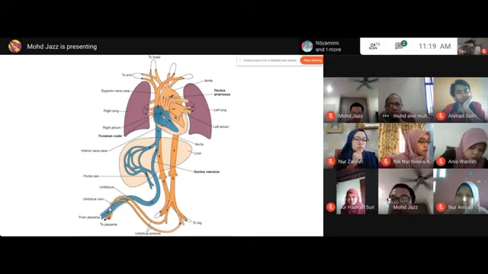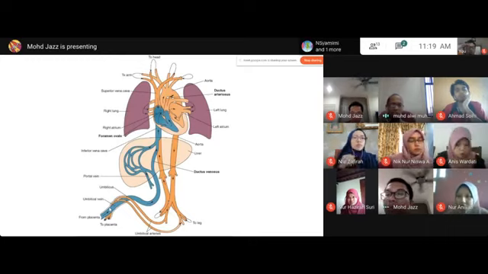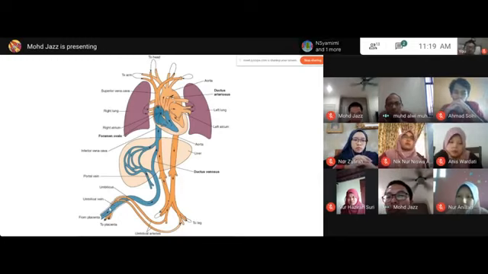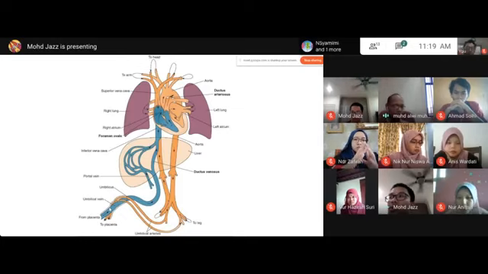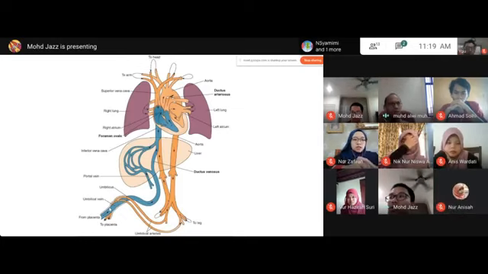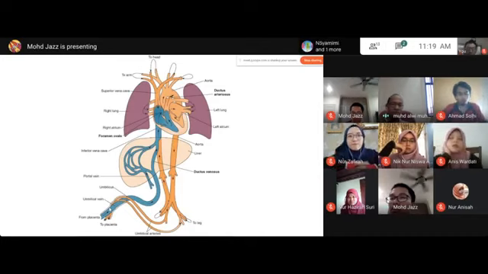Understand? That's why we've got TGA, transposition of the great arteries. You also have CCTGA, previously called LTGA. TGA has two types, DTGA and LTGA, which is CCTGA. CCTGA is congenitally corrected TGA, which means it is a TGA.